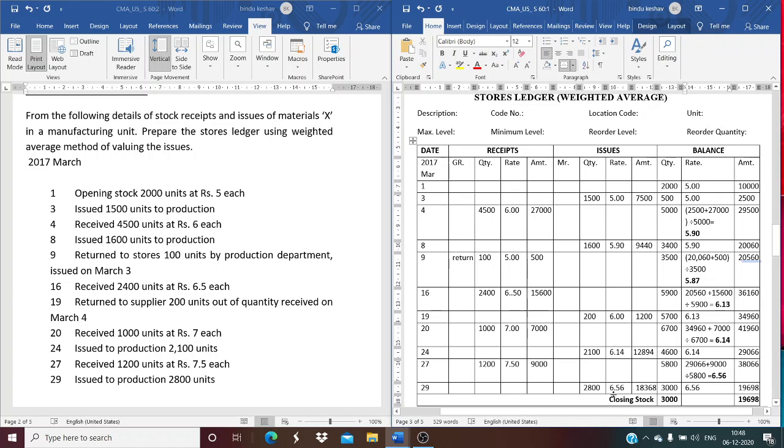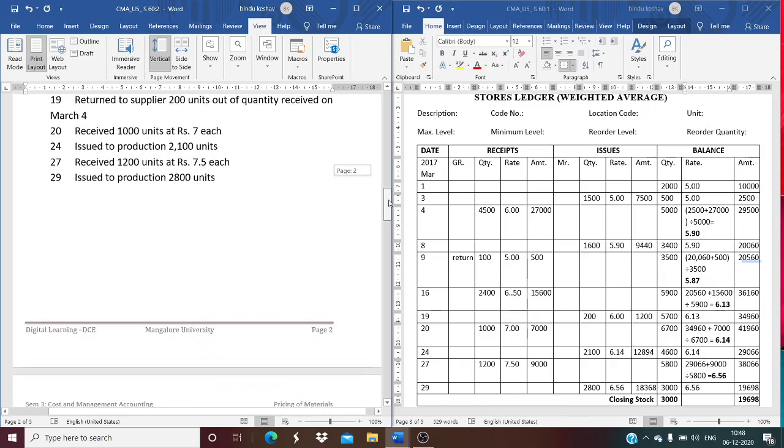So it is issued at the weighted average price. So the closing stock will be 3,000 units at 19,698.